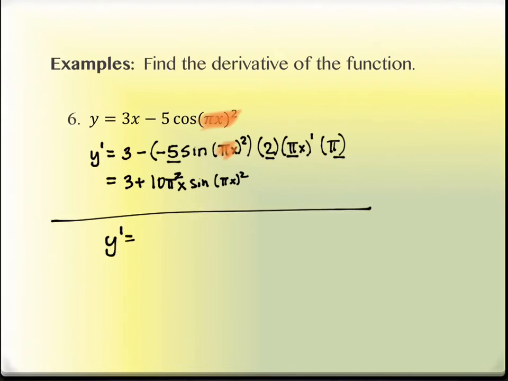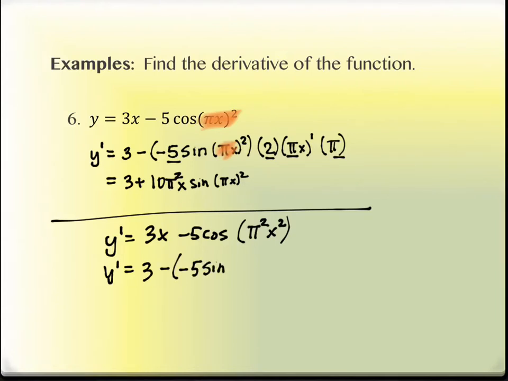If I recognized that I could simplify that inner piece, and I did write it as pi squared x squared, that would be my other option. I still have the same piece at the beginning, 3. I still have minus, and then I would have another negative 5 sine of pi squared x squared.